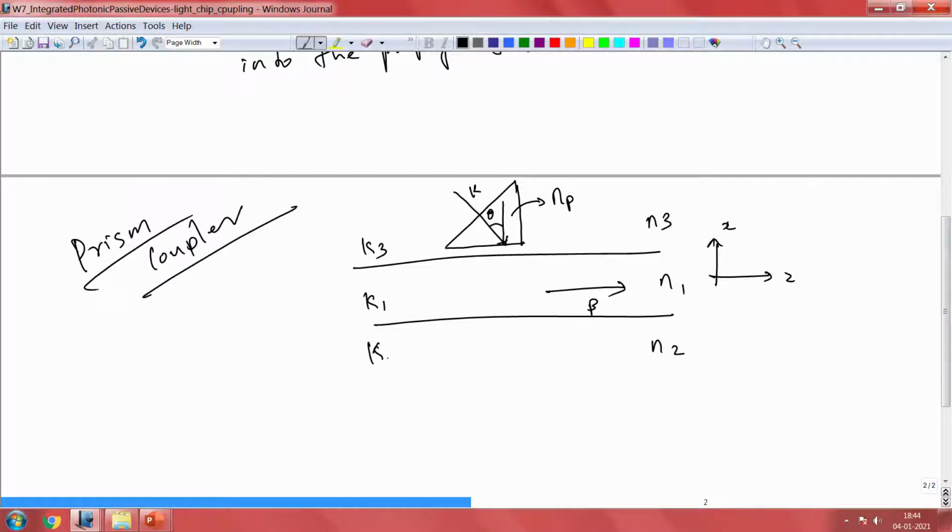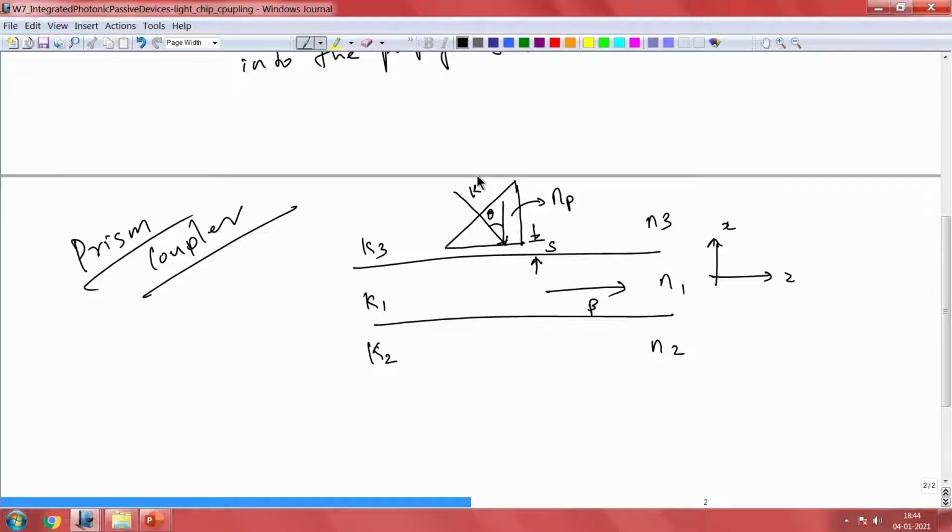Now I am putting a prism on top of my thin film and I am giving a certain space between these two and illuminating this prism from free space here. When I do this, this is going to create some sort of interesting reflection.